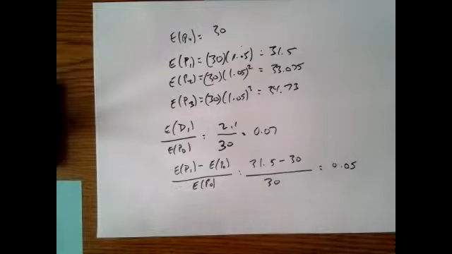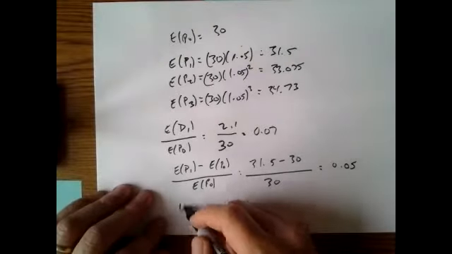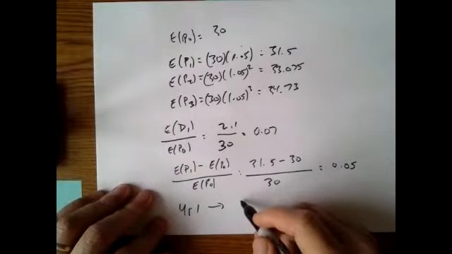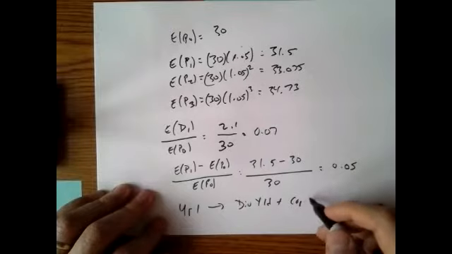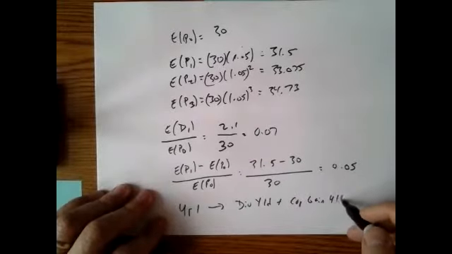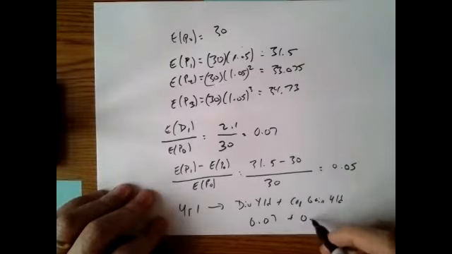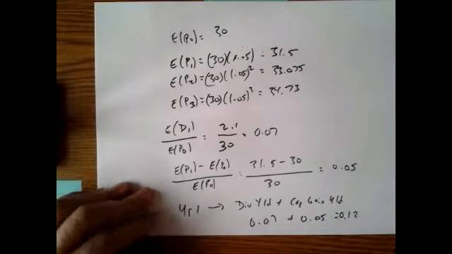So at the end of year one, we're going to have a div yield plus a cap gain yield. So that will be 0.07 plus 0.05 equals 0.12.